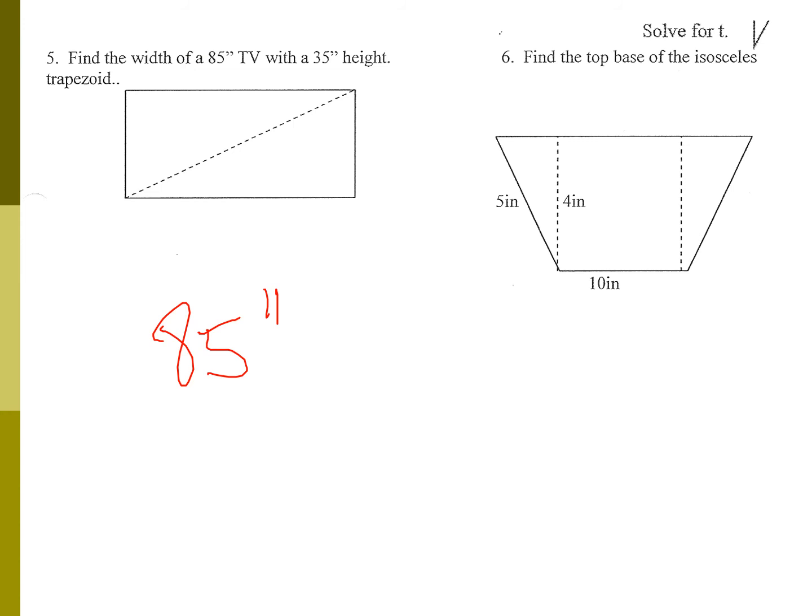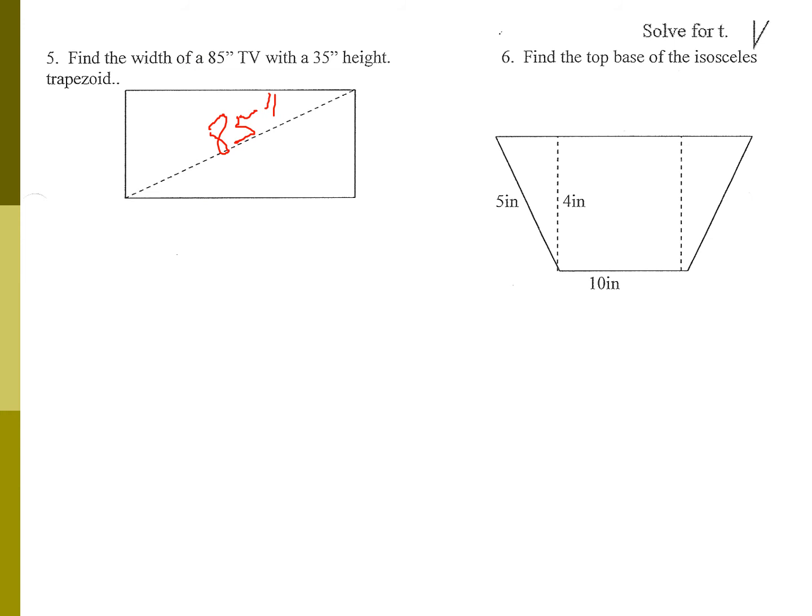A lot of people think it means 85 inches right there. That is not correct. When a TV gets advertised, the 85-inch TV means from opposite corner to opposite corner of the screen. Not the frame, just the screen, the glass part.